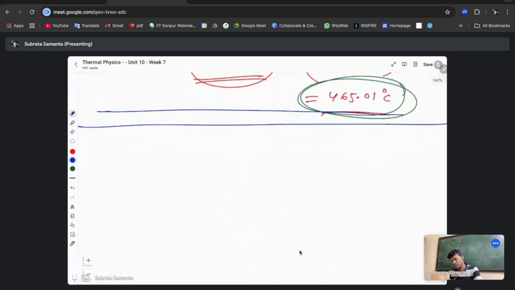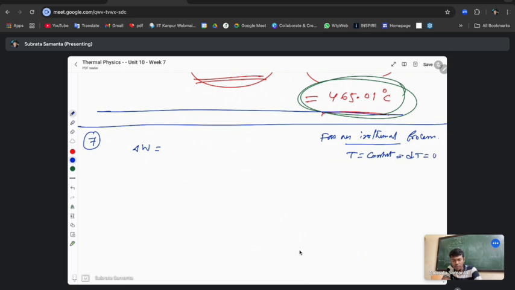Problem number 7. How do we calculate work done for an isothermal process? For an isothermal process, the temperature is constant, so dT equals 0.